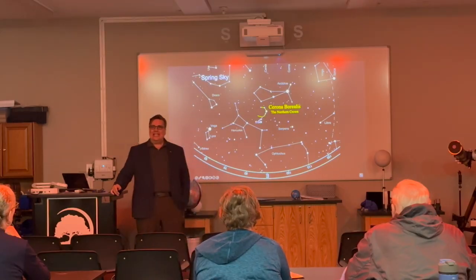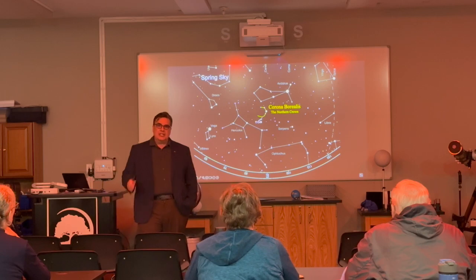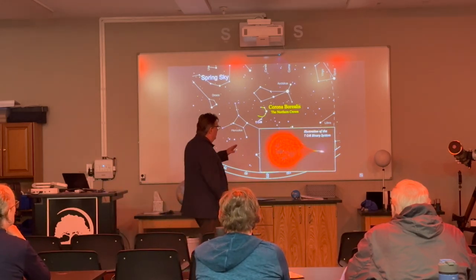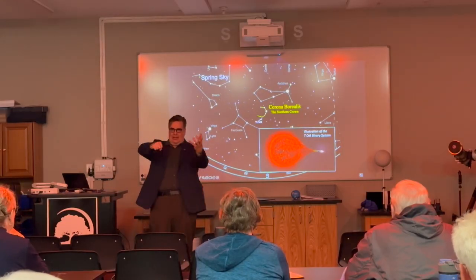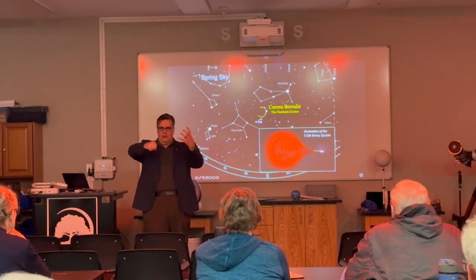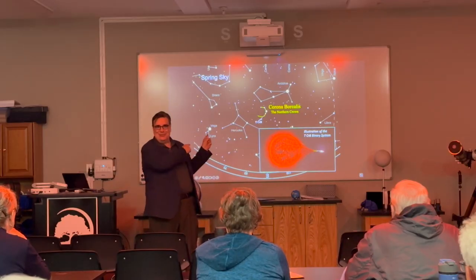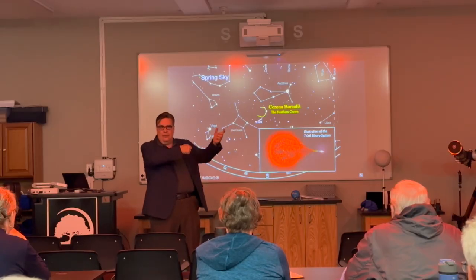There's a star named TCrB, or T Coronae Borealis. And T Coronae Borealis is a binary star system between a white dwarf and a red giant. They are orbiting around each other. And the white dwarf, which is actually more massive than the red giant, is pulling material off of the red giant.